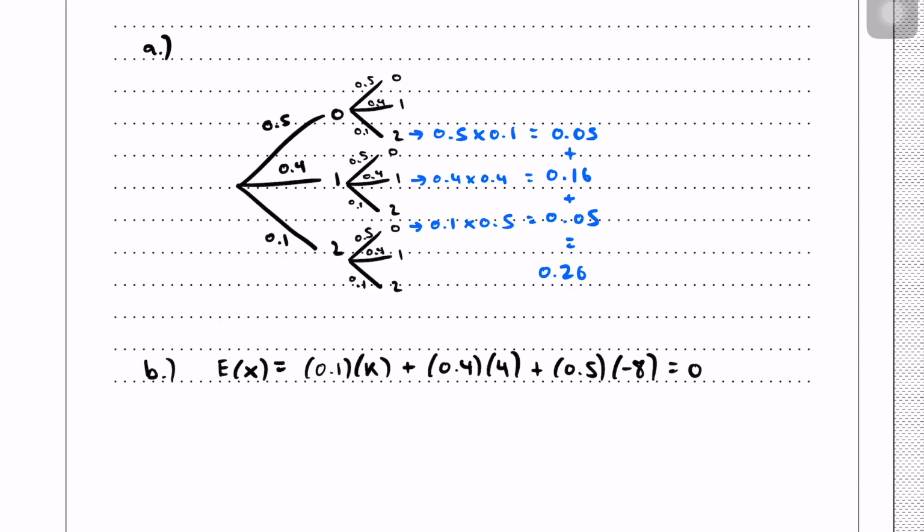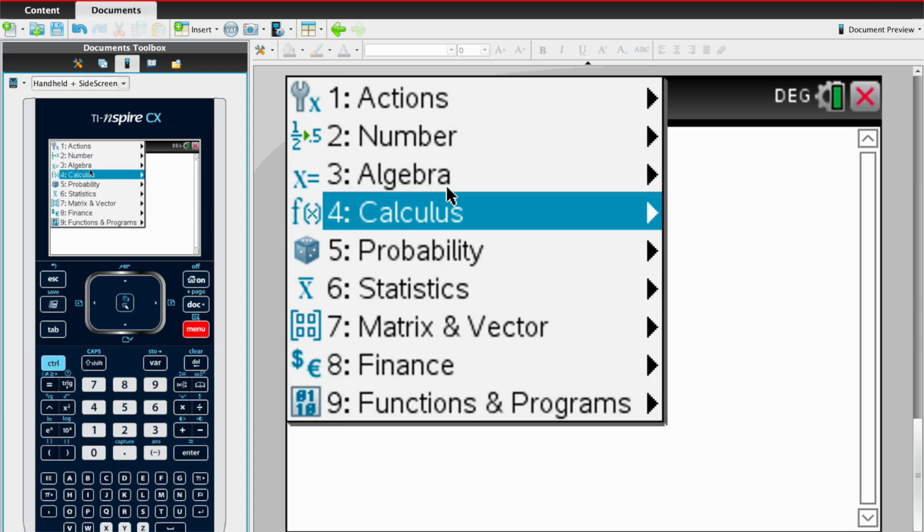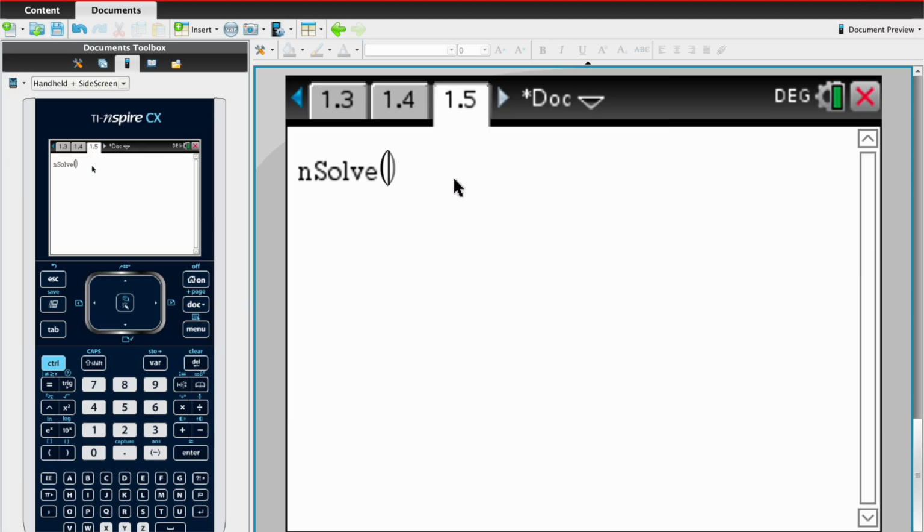All right, now we've got an equation. So this must equal 0. It's an equation with only one unknown, so we can go ahead and solve this. Menu, algebra, numerical solve.